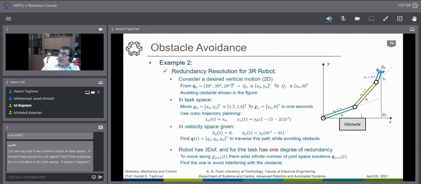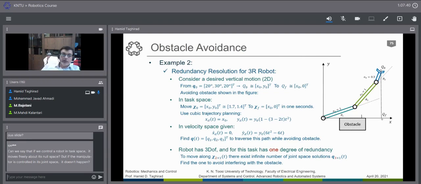The problem is that we have a 3 degree of freedom robot, a 3R manipulator, but a 2 degree of freedom manipulator motion. This is the simplest possible redundant manipulator that we can have. And for the motion, we don't require any orientation of the end effector. We would like to move from this point, Q0, to this point.